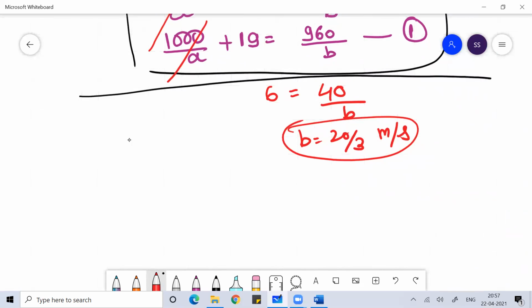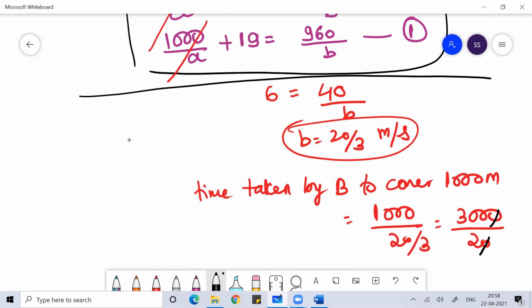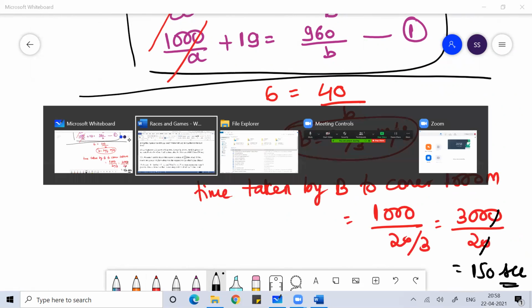The speed of b you know, so the time taken by b to cover 1000 meter would be equal to 1000 divided by 20 by 3. So this is 3000 by 20, which is equal to 150 seconds. Then the answer would be 150 seconds.